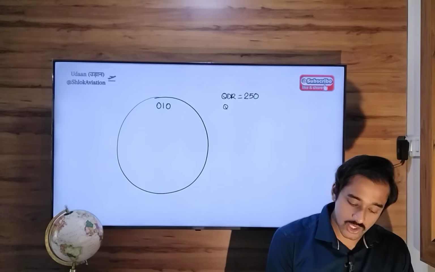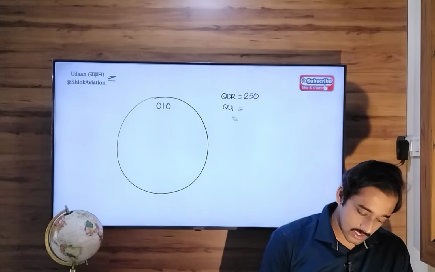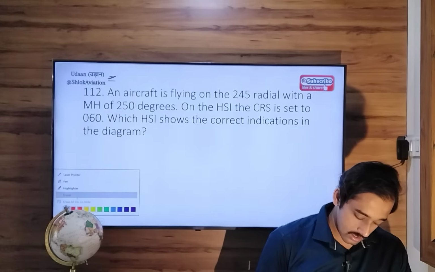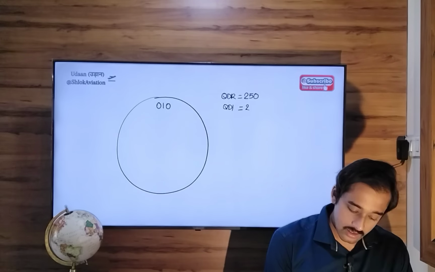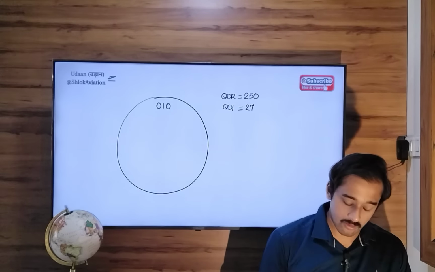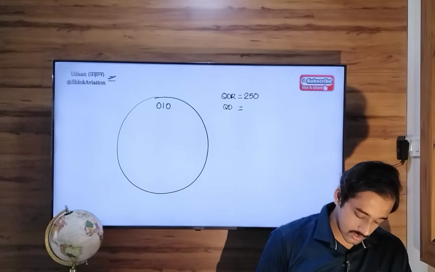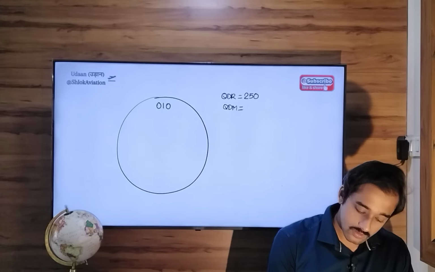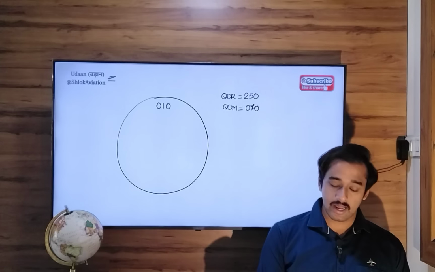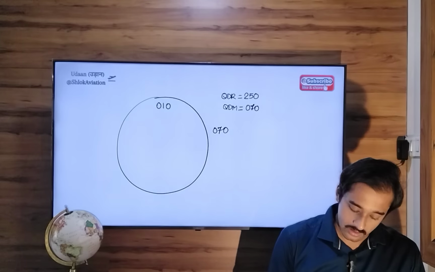Therefore QDM, that is track towards the station, will be the reciprocal of 250, which will be 070. So the RMI will be pointing at 070.